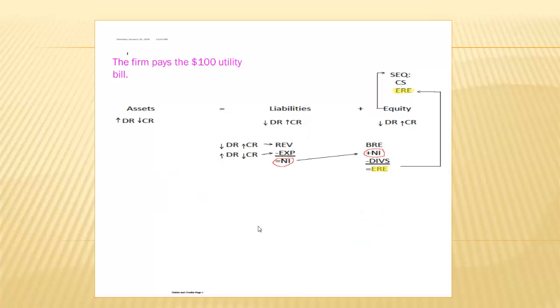Now we're going to pay that utility bill. What do you suppose happens to cash? We decrease cash by $100 with a credit, so that's an asset. So the asset side just went down by $100. So what has to happen over on this side? Something has to go down here as well, right?